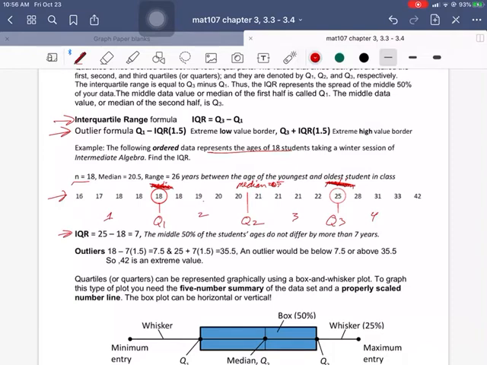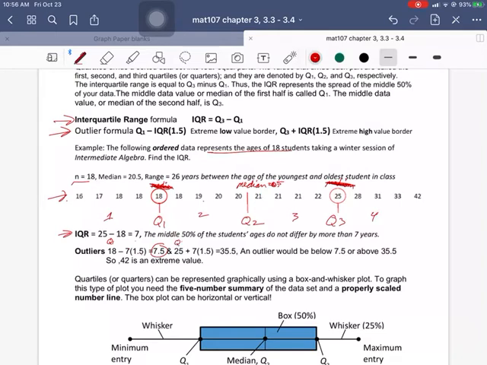To figure out our outliers, we're going to take our low outlier, Q1, minus the interquartile spread of 7 times 1.5. You're going to get 7.5. So anything below 7.5 would be an outlier, so we clearly don't have an outlier on the low end.